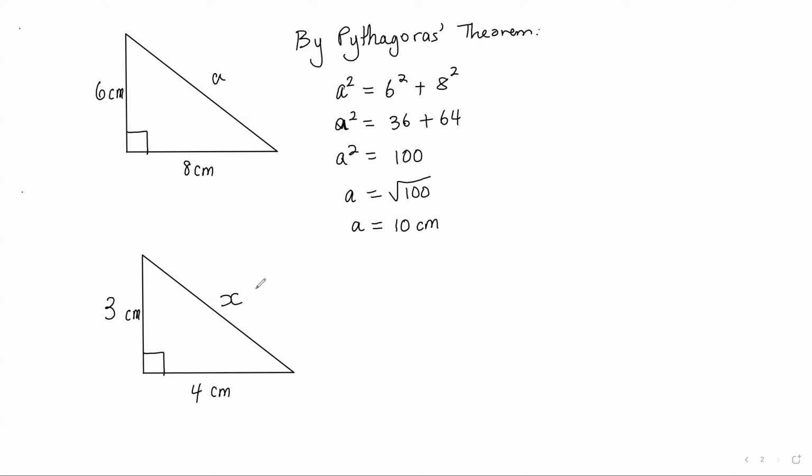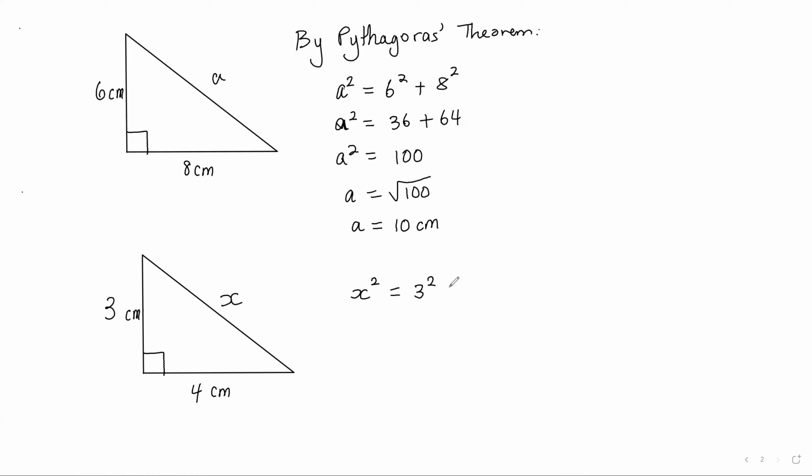Again, by Pythagoras' theorem, remember to write it. I'm not going to write it just because of time, but remember to write it every time you're solving it, right? So by the theorem, x squared, because that's the hypotenuse, is equal to the sum of the squares of the other two sides.